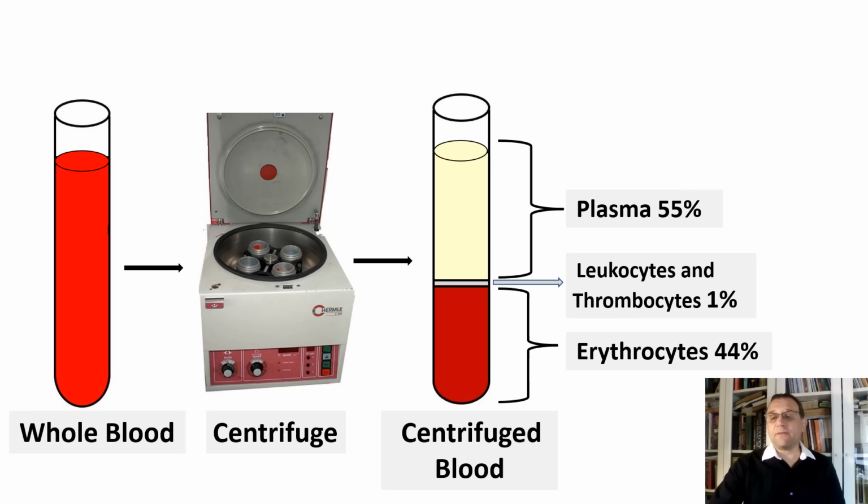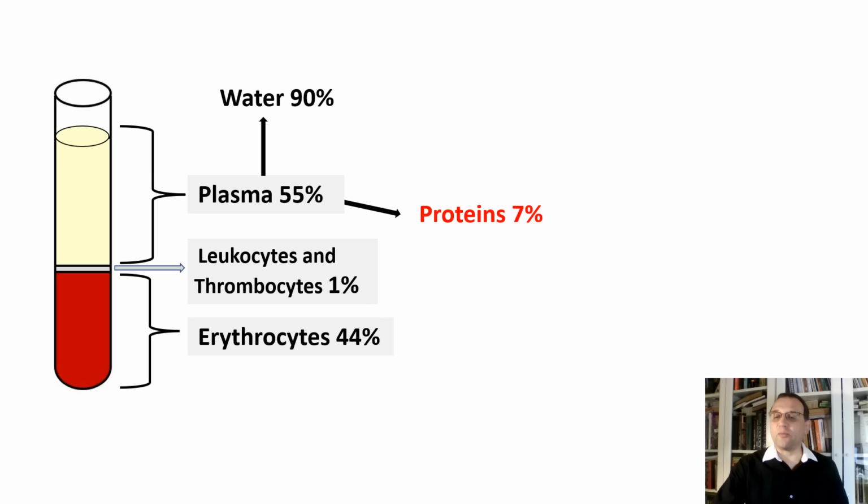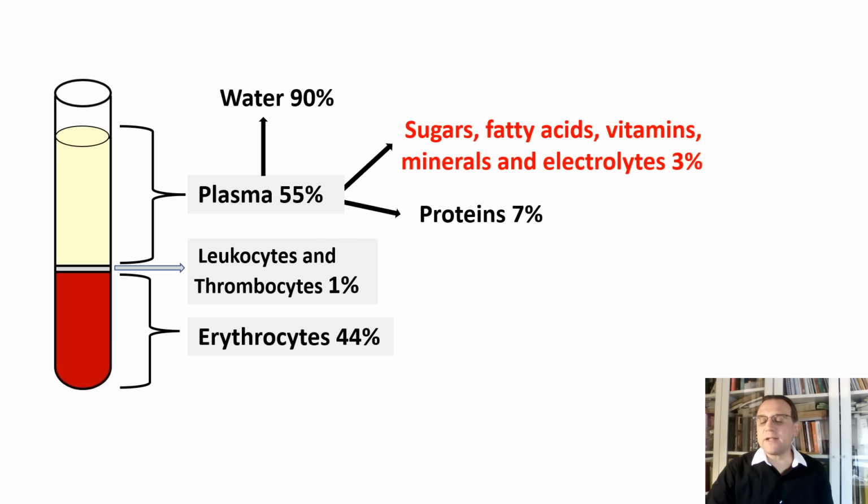And plasma itself is 90% water. It is a perfect medium for transport. It transports erythrocytes, leukocytes, thrombocytes, and substances that come from food we eat. So what are those substances? 7% of plasma is proteins. The rest are sugars, fatty acids, vitamins, minerals, and electrolytes.